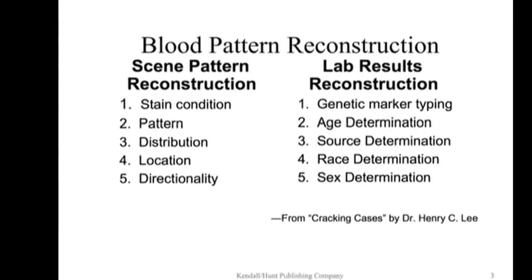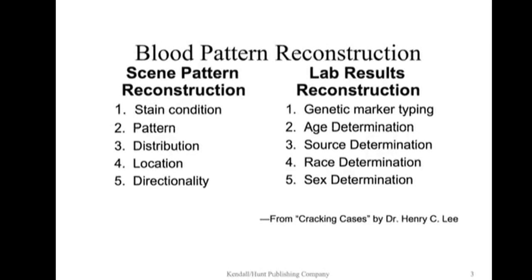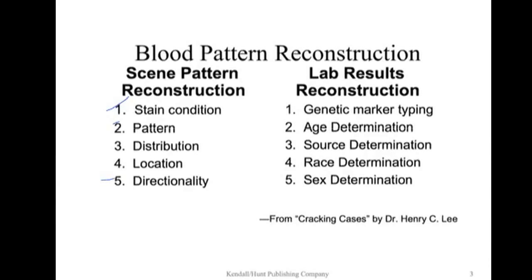All right, so when you're at a crime scene, for pattern reconstruction, a couple things that you're going to be looking at: the condition of the stain, the pattern, which we're going to talk about in just a little bit, the distribution of blood throughout the space, the location of the blood, and then directionality, which we're also going to be able to calculate.